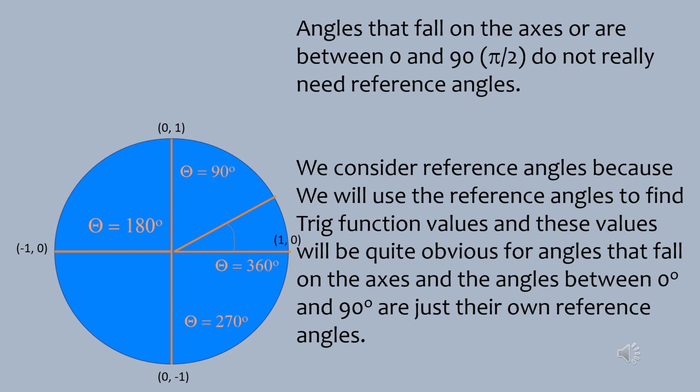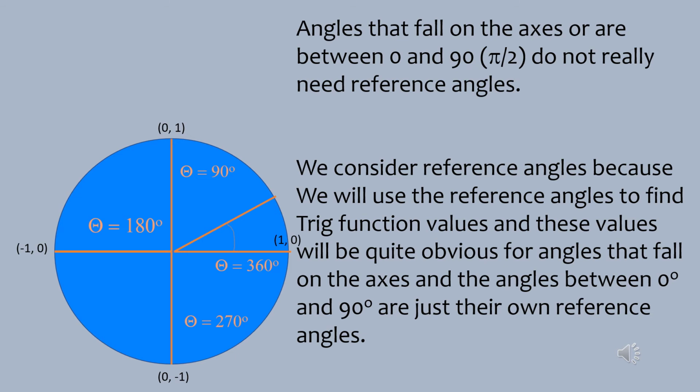If somebody wishes to define reference angles for 270 degrees or 180 degrees, they can. There's nothing really mathematically wrong about it. It's just unnecessary, so it's kind of a gray area. If somebody doesn't want to define reference angles for the axes themselves, that's understandable too.